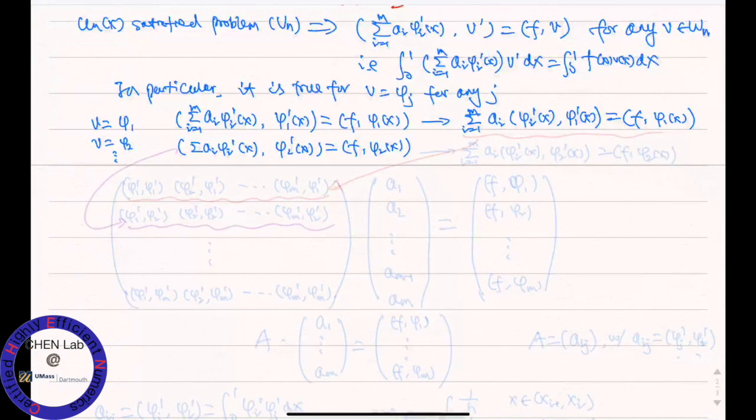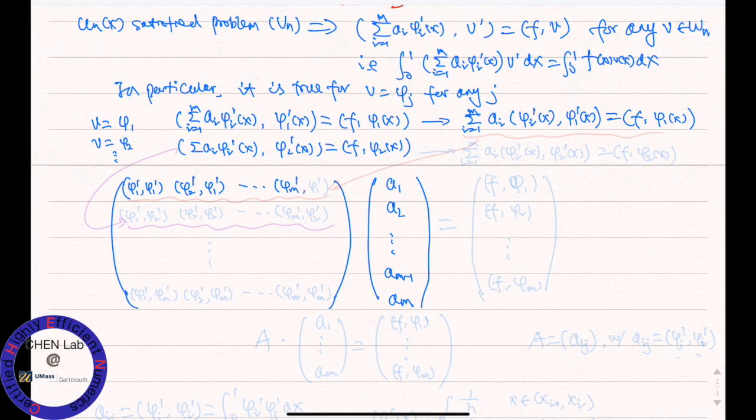Okay, and we write the a_i here, it's the unknown, so it's a_1, a_2, all the way to a_{m-1}, a_m, which are again just function values of the unknowns. And this is the first equation, the equation we just had. So a_1 is hit with phi 1 prime, phi 1 prime, right? a_2 is phi 2 prime, phi 1 prime here, and then all the way to phi m prime, phi 1 prime.